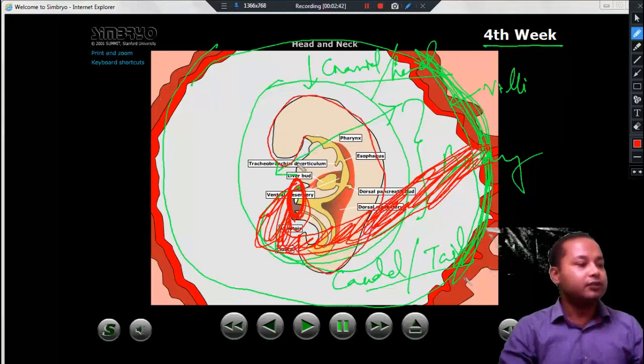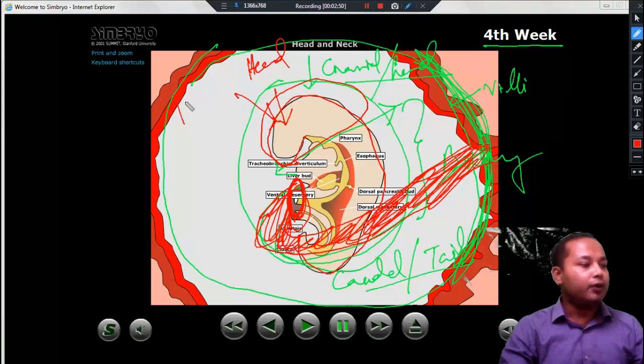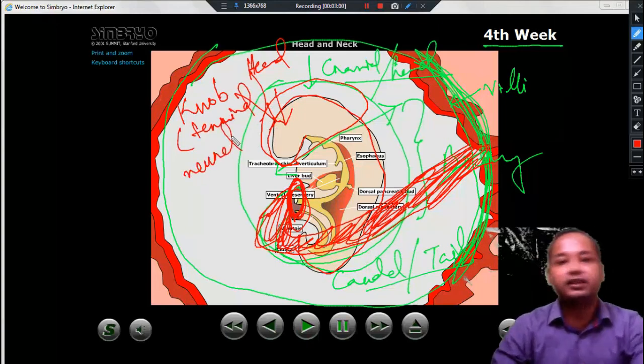So just focus on this particular area. This is the cranial part, which is called the head, and in this is the terminal knob of the neural tube. I think you already remember what the neural tube is.